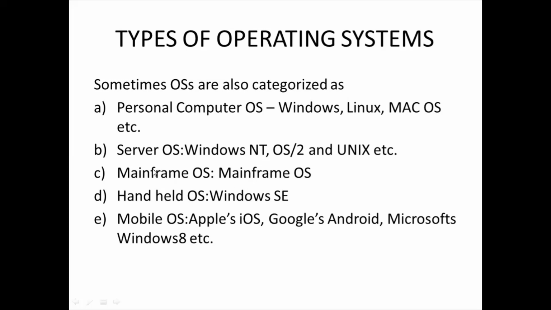Then for handheld operating systems, Windows CE is being used, and for mobile operating systems, Apple's iOS, Google's Android, Microsoft Windows 8, etc. All these are being used as well.